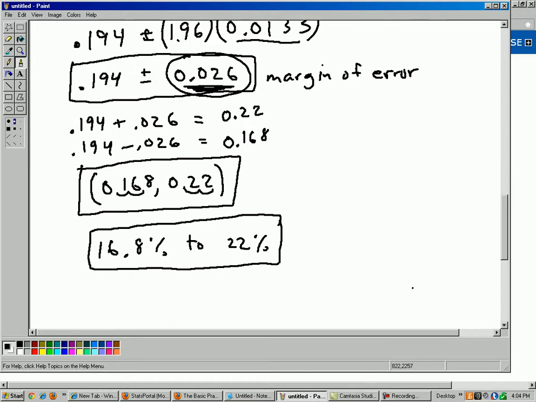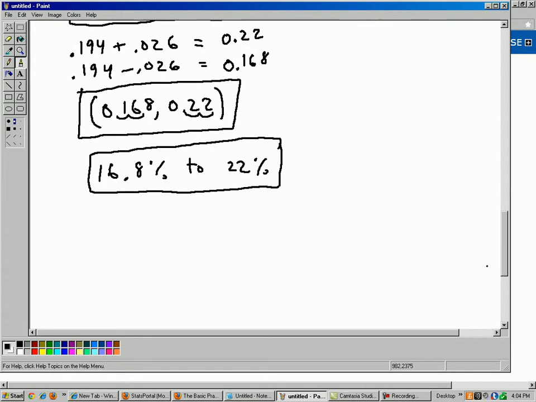Now, what does all this mean? It means, final conclusion, let's put this in quotation marks here: I am 95% confident, because it's a statement about probability.